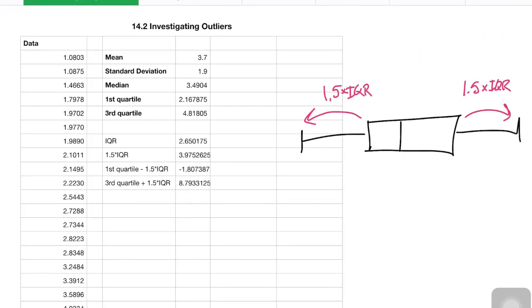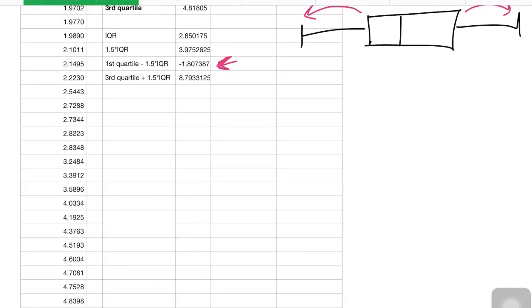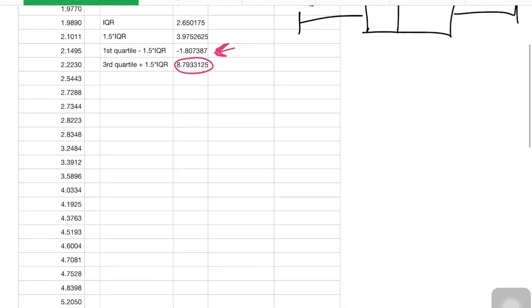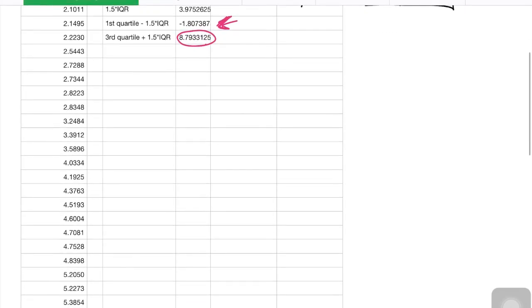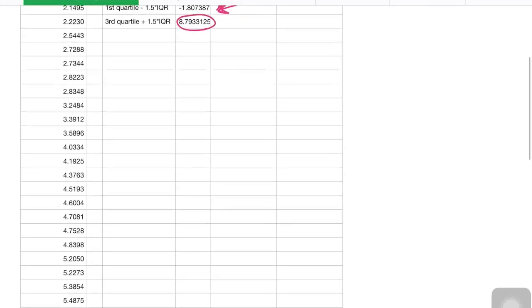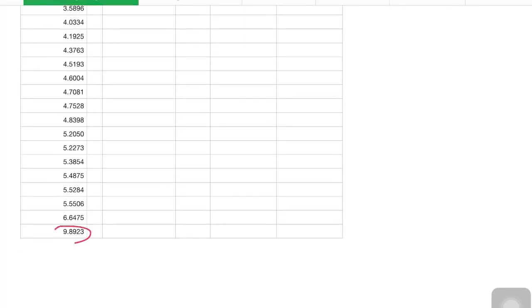Well, my low outliers, according to my calculations, would be a negative number. That doesn't really make sense in this, and there are no negative numbers. But my higher outlier is anything above 8.79, because that's anything above the third quartile, plus 1.5 times my IQR. And the last number, which they did say represented the United States, does fall into that outlier range.